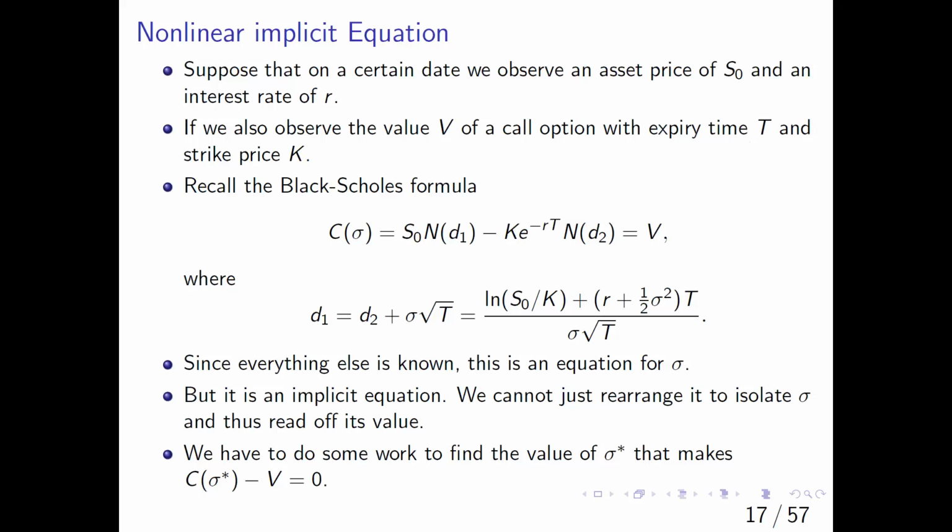So, non-linear implicit equation. Here, the question we're facing is a nonlinear implicit equation in the sense that the Black-Scholes formula, even though it's a closed form formula, is implicit in the sense that we cannot rearrange it to isolate the volatility term right away.